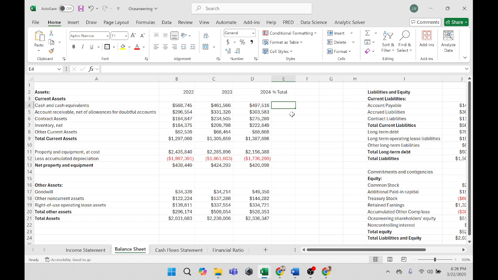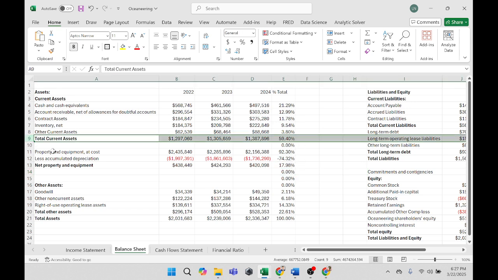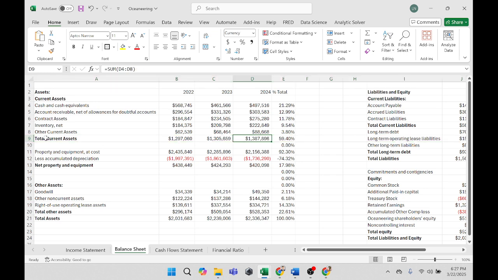So let's just do it real quick. It's going to be this divided by that, at 4. Drag it up. Okay, so very interesting here. But what do you want to focus on? I want to focus on the big items, right?